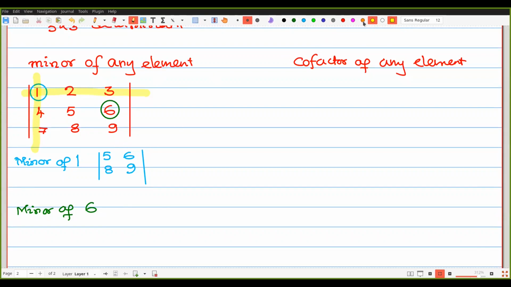It is in the 2nd row and the 3rd column. Remove those, and we get the values 1, 2, 7, 8. So there are practically 9 elements, and for each and every element, there is a minor.